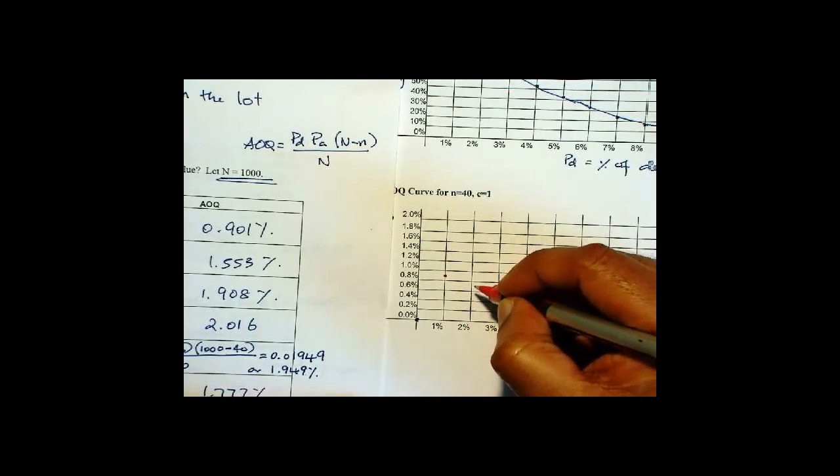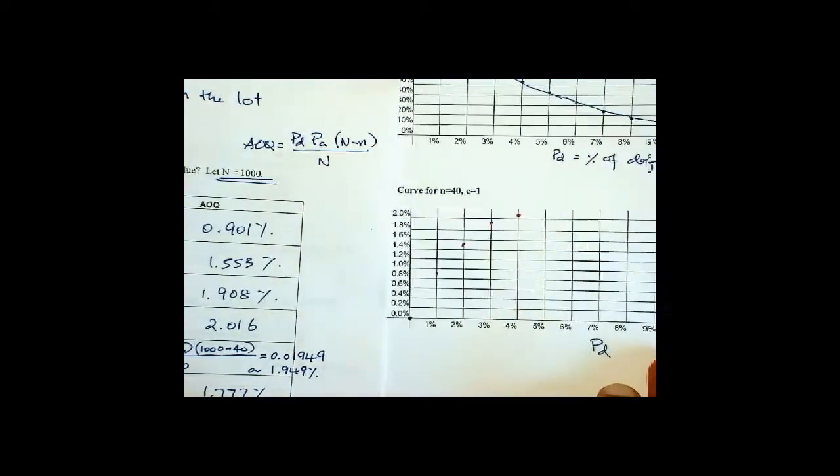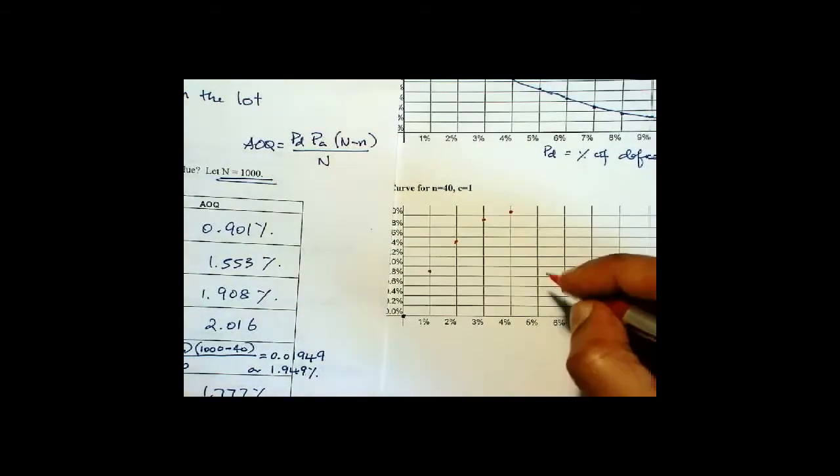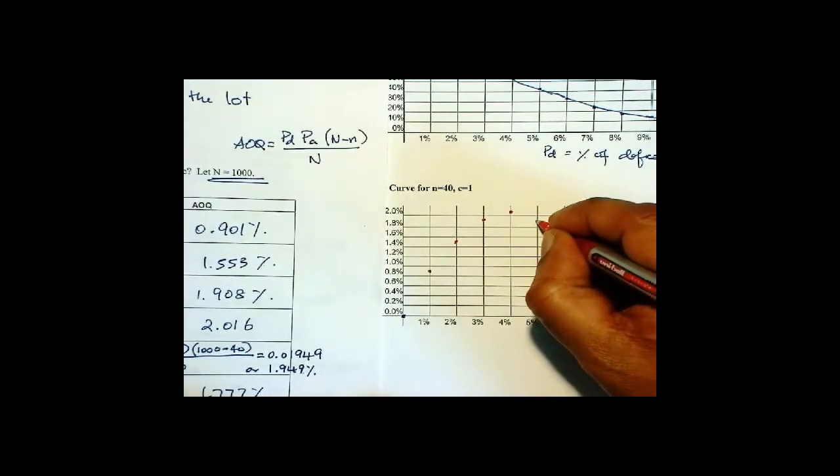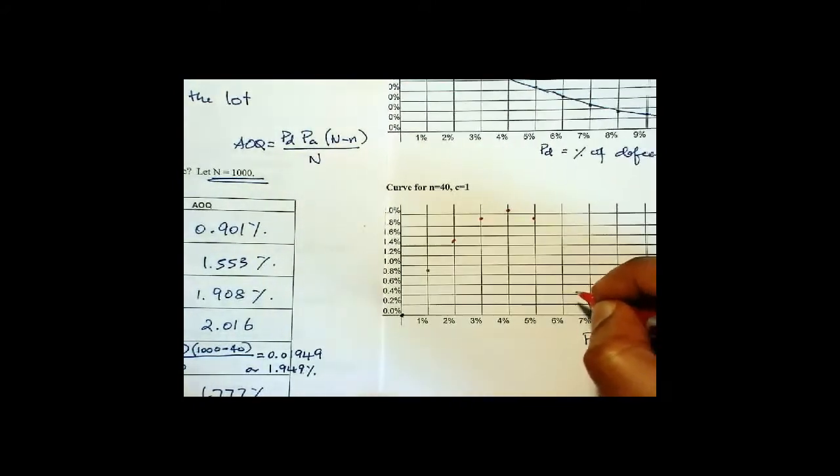And for 2% it is 1.553. For 3% it is 1.908. For 4% it's 2.016. And then for 5% it is 1.949, and you can see that it starts to decline from this point onwards.